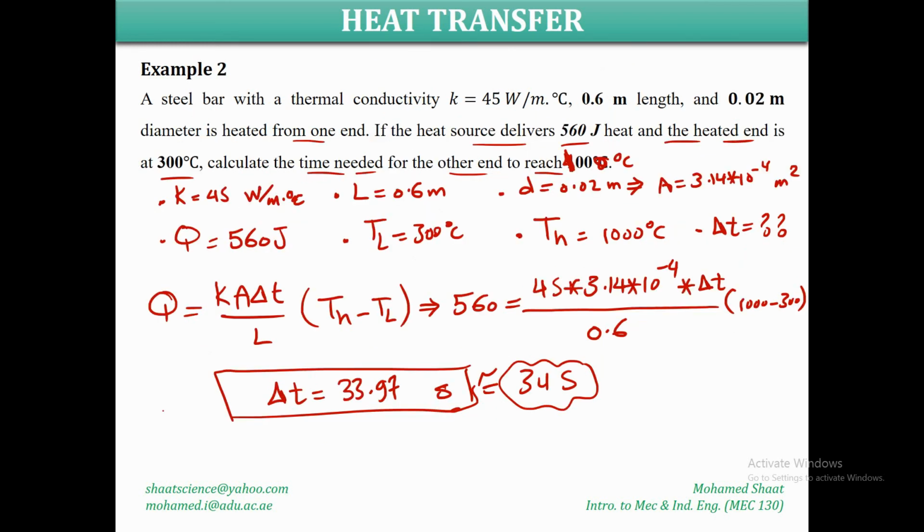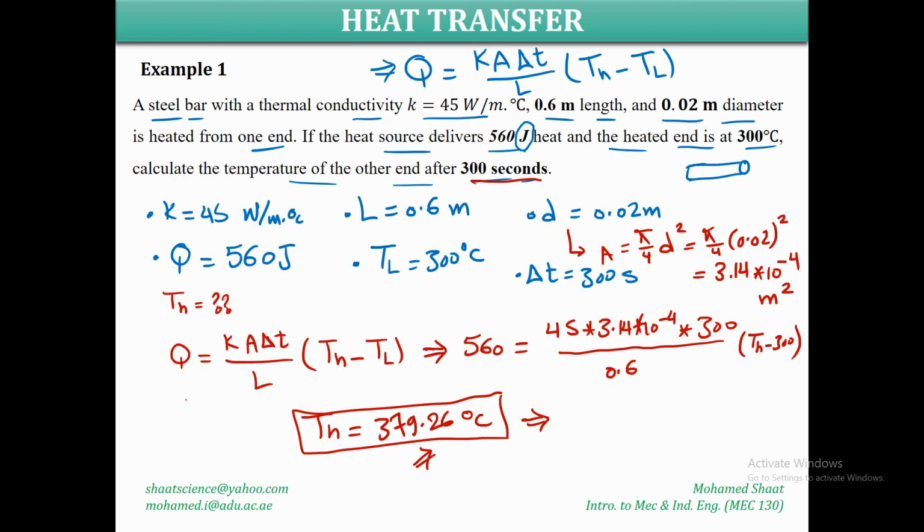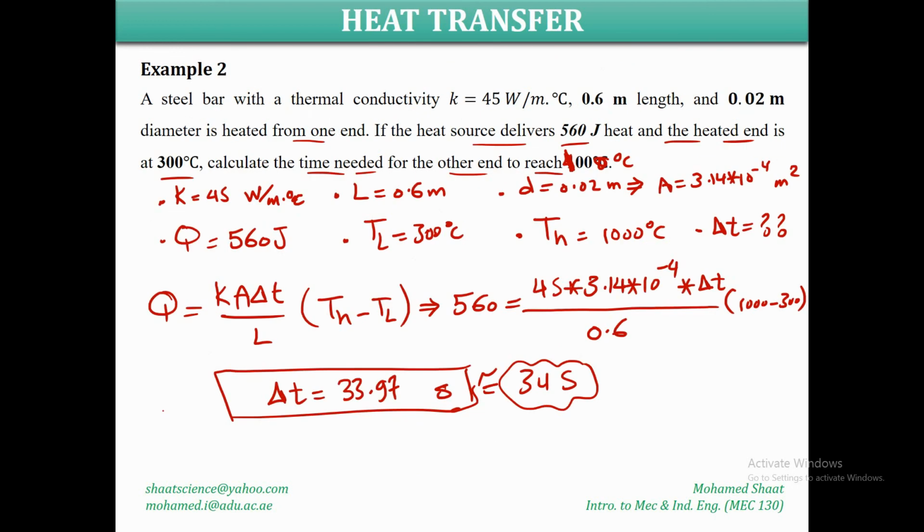But after 34 seconds, we are going to increase the temperature from 300 to 1000 degrees Celsius. So how come? In 300 seconds we increased the temperature to just 379, and in 34 seconds we increase up to 1000. How does it work?